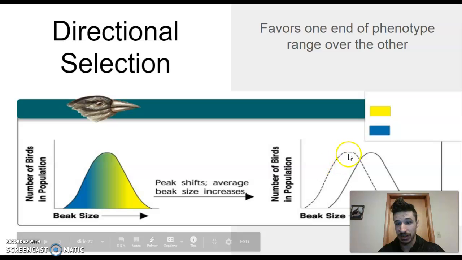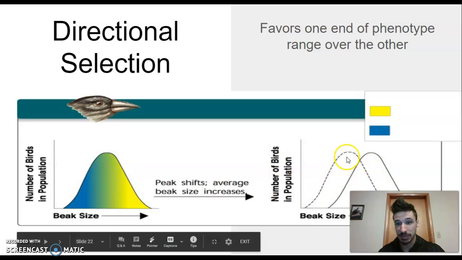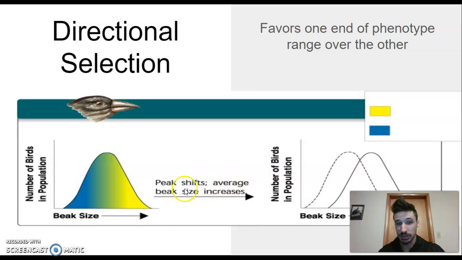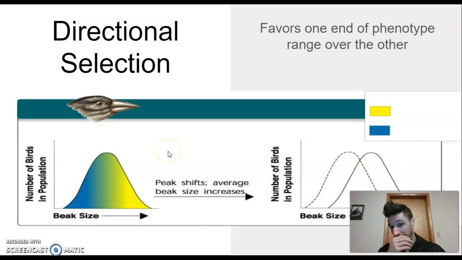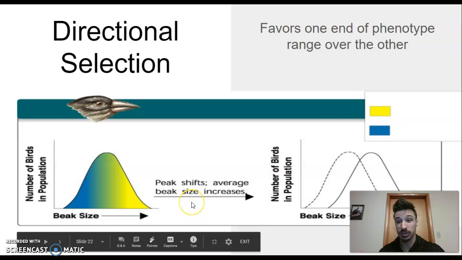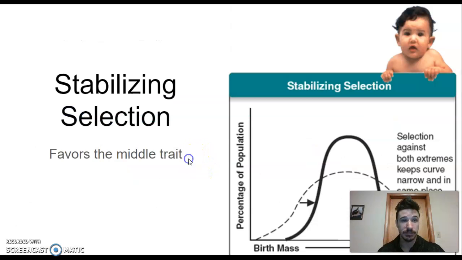This dashed line is the original curve we're looking at in color, and as this peak shifts, aka an average beak size increase, this entire curve has to shift to the right as well. And that is directional selection, selecting one direction, one extreme over the other. Average beak size could have also decreased, and our peak on this graph would have gone to the left instead. So that is directional selection.